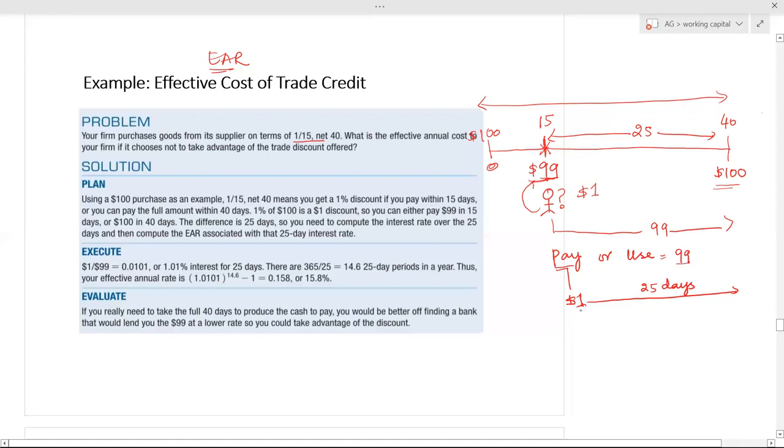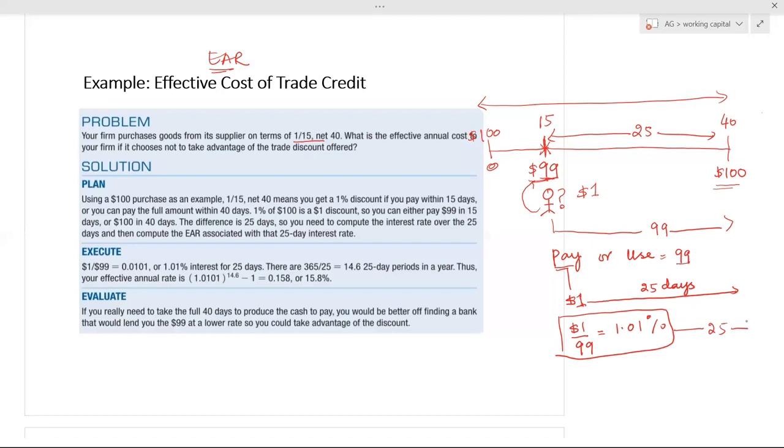In percentage terms, I will say $1 divided by 99, so the answer is 1.01%. So 1.01% is the return for 25 days.